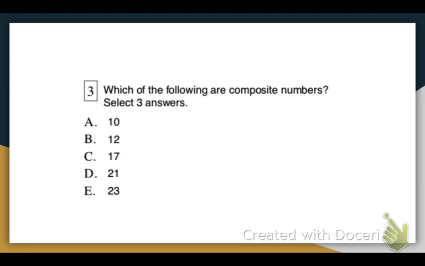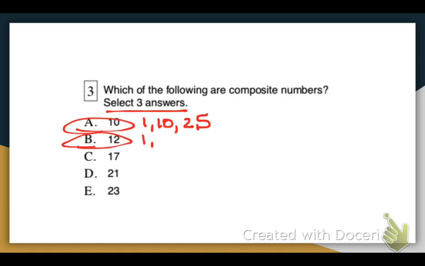Next one. Which of the following are composite numbers? Now, composite are those that have more than 2 factors. Okay, and you're going to select 3 answers. So we've got A, because we've got 1 times 10, and the other combination, 2 times 5. B, 1 times 12, 2 times 6, and of course 3 times 4. C is prime. The only way to get 17 is 1 times 17.